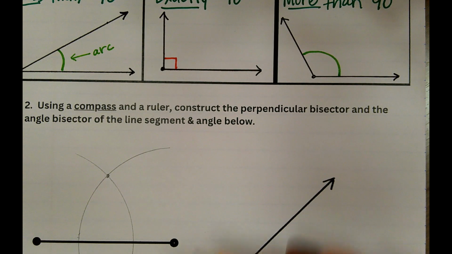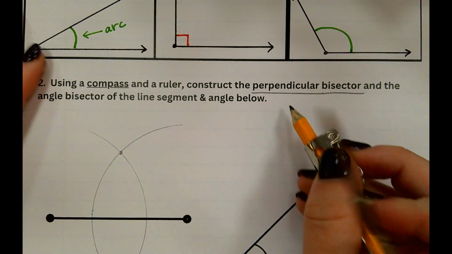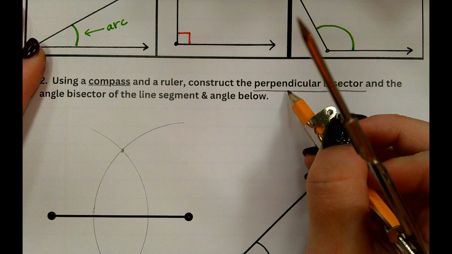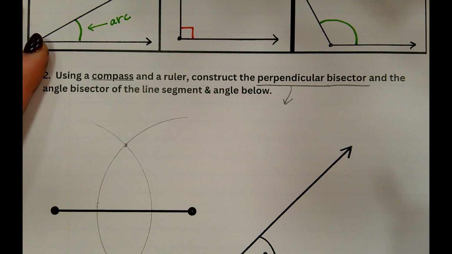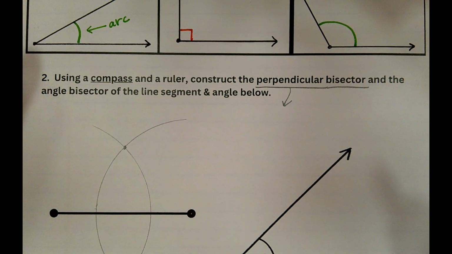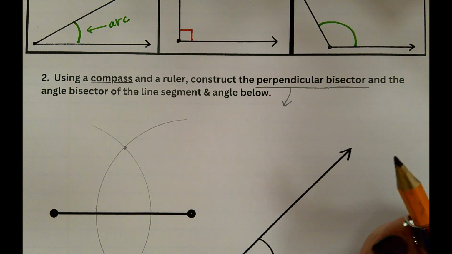So what we're trying to draw is a perpendicular bisector. Perpendicular. Did we talk about what perpendicular means yesterday? Does anybody know what perpendicular means? Oh, you draw a line in the middle.